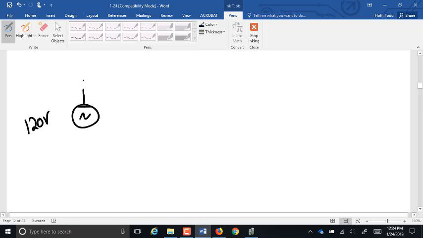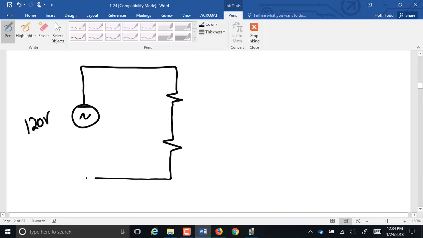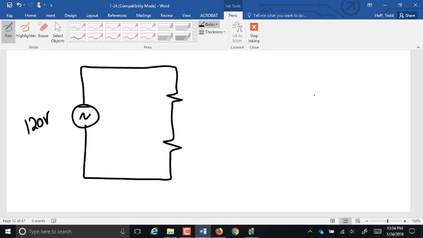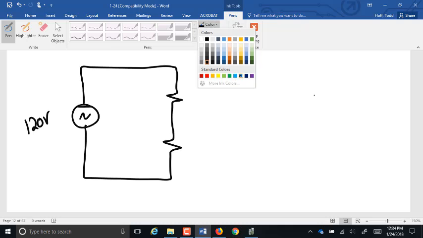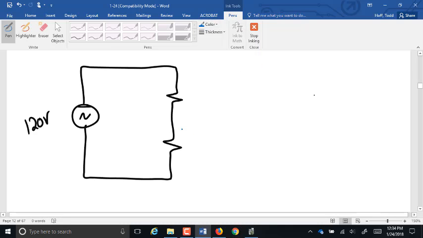So let's say we've got 120 volts here. I am going to tell you that this is an 18 ohm. I'm not going to be that mean to you. Let's call it a 10 ohm resistor.